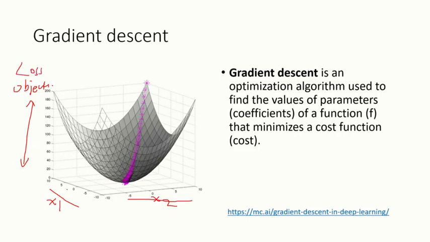So you want to find a combination of x1, x2 values to minimize this loss function. So you search this whole space. If you use 5 here and 10 here, you will end up at a corner somewhere here.